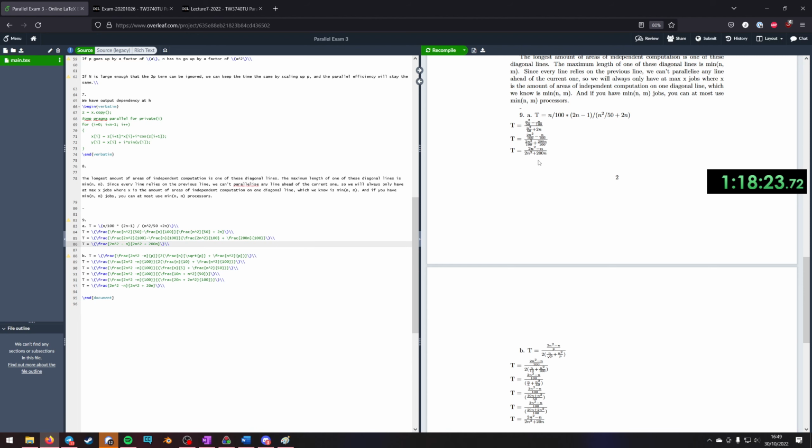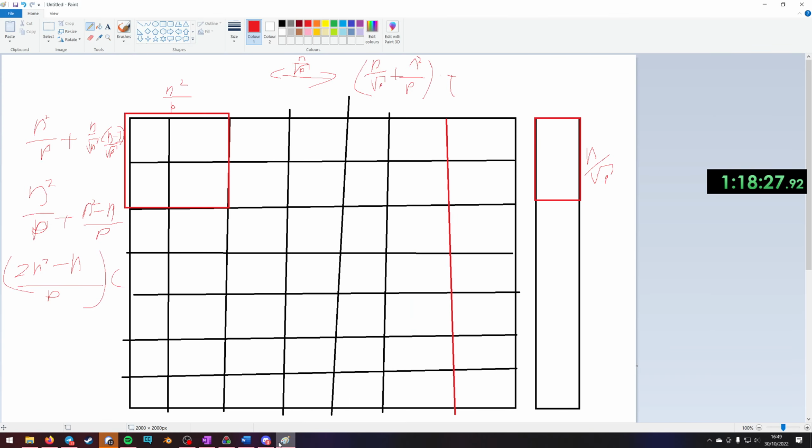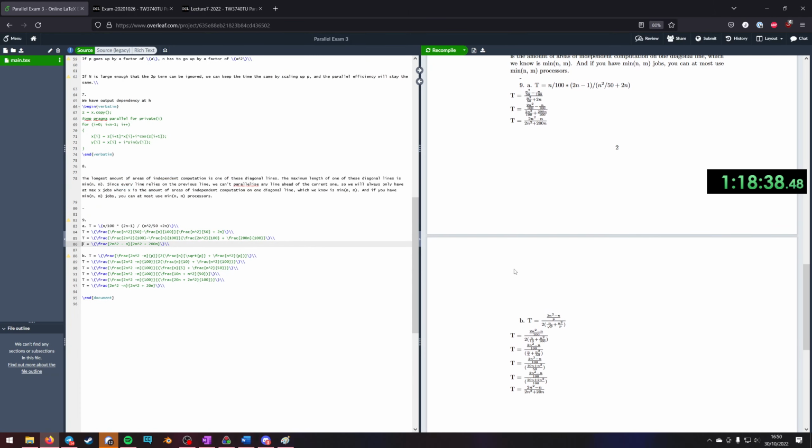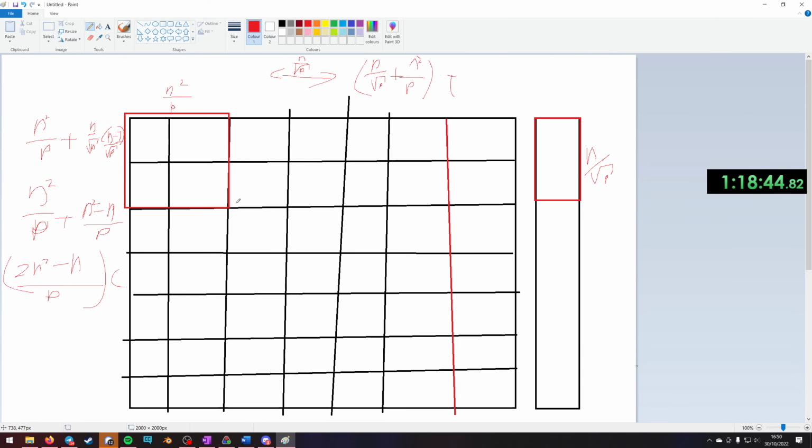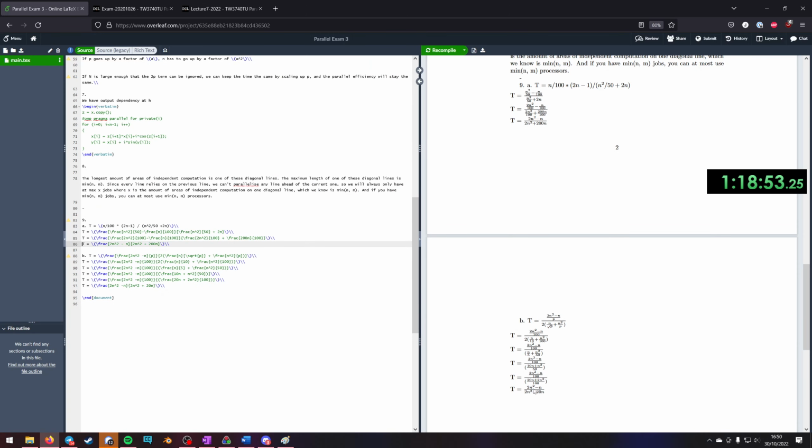So are my calculations here correct? Did I fill this in correctly? Let me see. So this would be 10n plus n squared. Yeah, okay, it's times 2, because of course it is. We just said that. And for the top one, it is 2n squared minus n. Yeah, this is definitely correct.